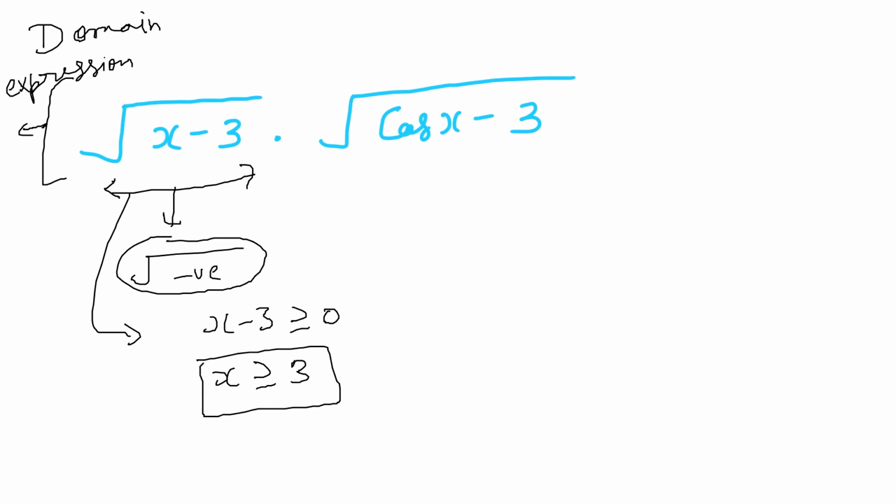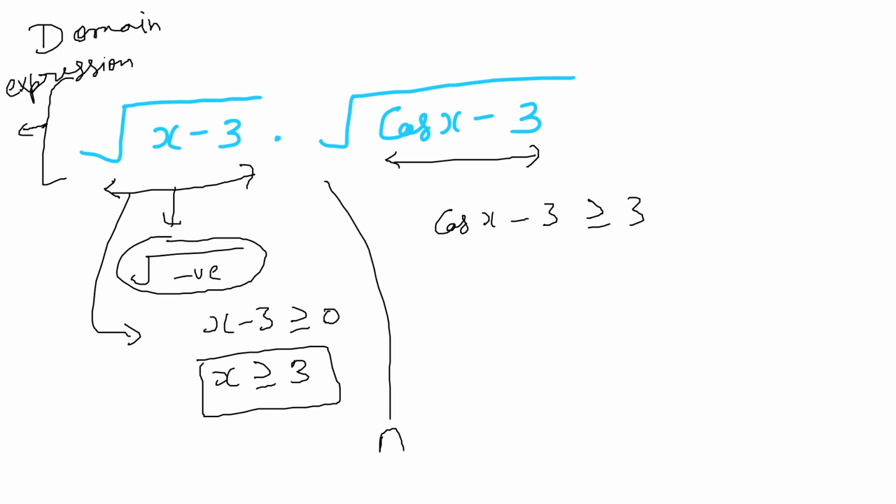Okay, now here is the sign of multiply. If you are aware of set theory, multiply is basically nothing but an intersection. In this case, similarly cos x minus 3 is in under root, so it means cos x minus 3 should be greater than or equal to 0, I'm sorry, here it is 0.